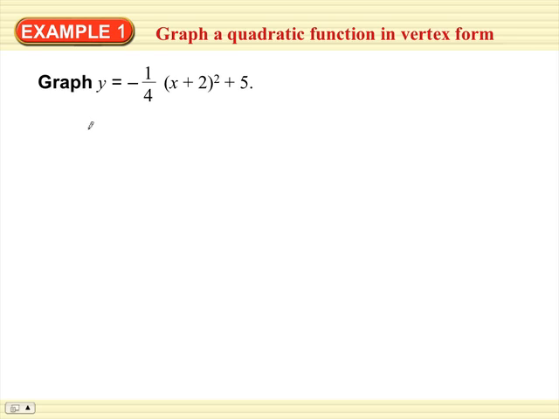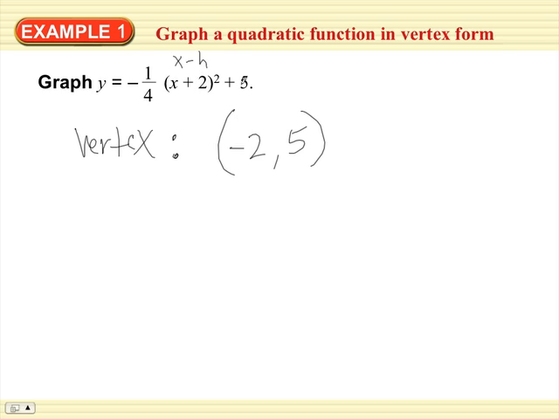Should we do negative b over 2a? No, because this is in vertex form, right? So your vertex is just looking at this thing, which is negative 2, comma 5. And the common mistake is people putting what? Positive 2, right? But it's x minus h. So that's why it's negative 2 here, right?